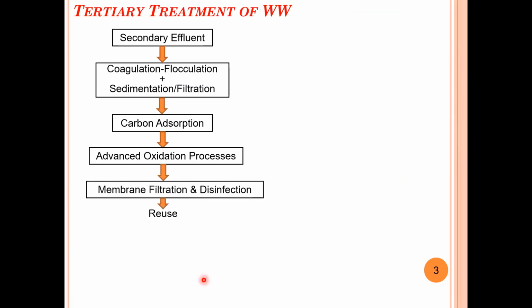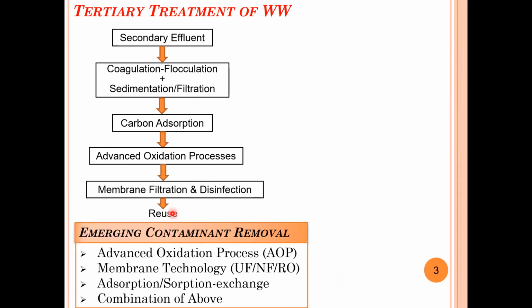The components of tertiary treatment include filtration, in combination with coagulation, flocculation, or sedimentation, followed by carbon adsorption or advanced oxidation. Finally, you have membrane filtration and disinfection, and it is sent to the reuse goals. So what are the technologies which are available?